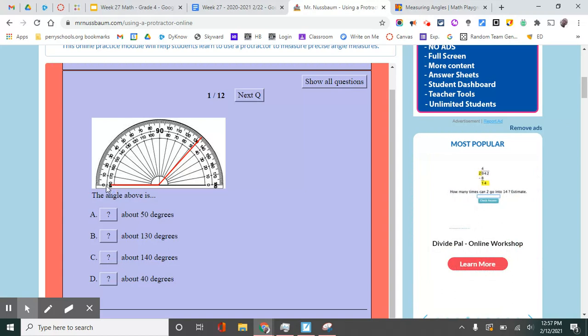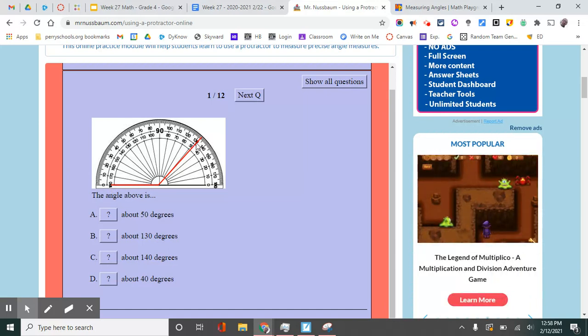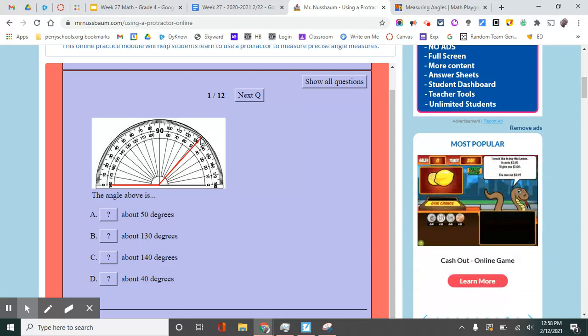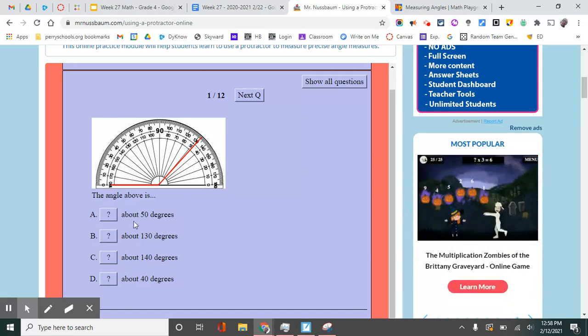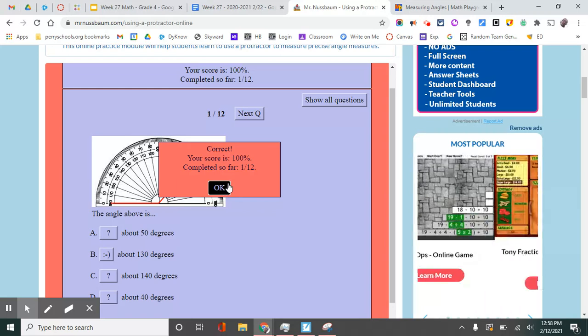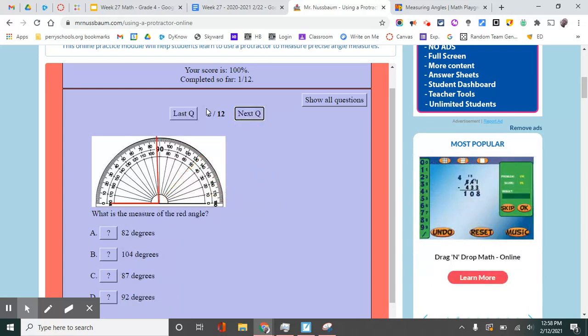I've got one ray pointed at 0 and the other ray. So I'm thinking, all right, obtuse, right? So it's closer to 130, 131, 132. And so my answer here, about 130 degrees. Hey, I was right.